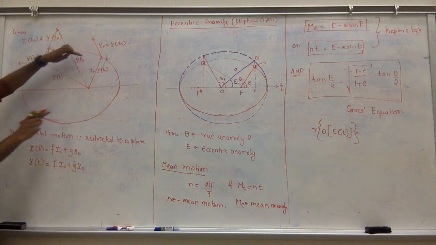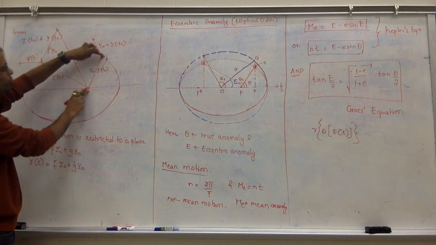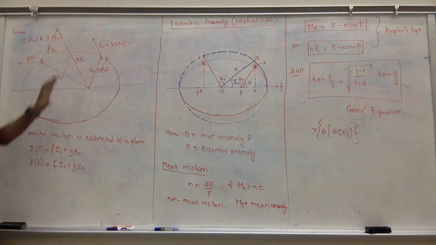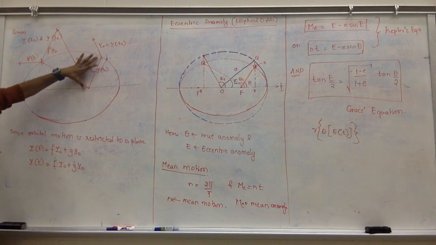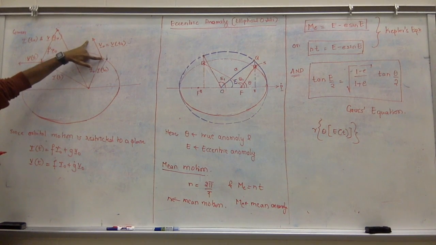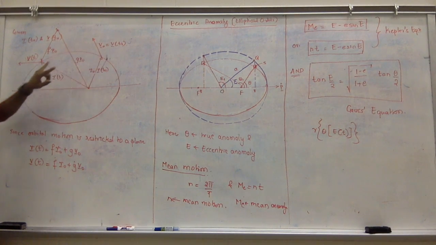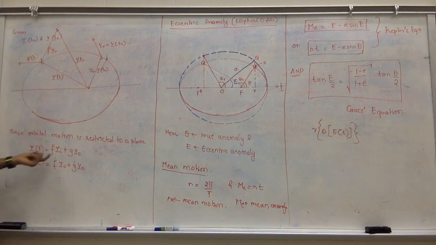If you know two vectors in a plane, what do you know? You know the magnitude of this, you know the direction of this. You know the magnitude of this, you know the direction of this. If you're trying to figure out the position and velocity at some other time instance, if you know how this f and g are changing with respect to time, you can figure out the position and velocity at that time instance.